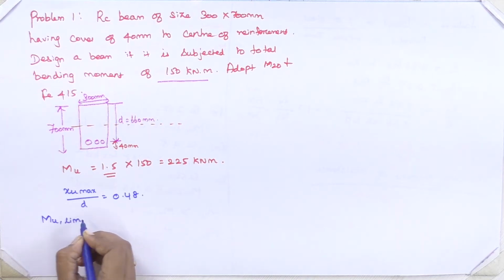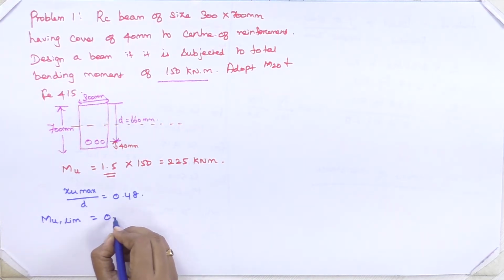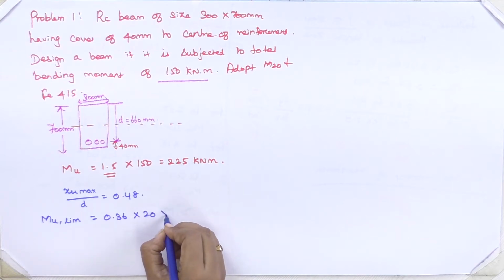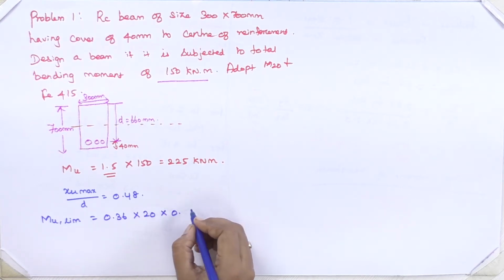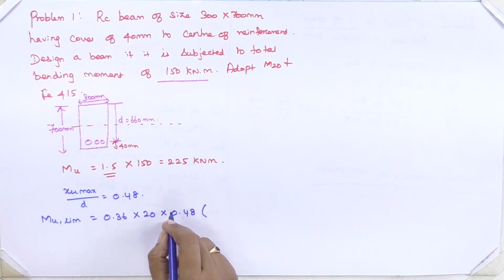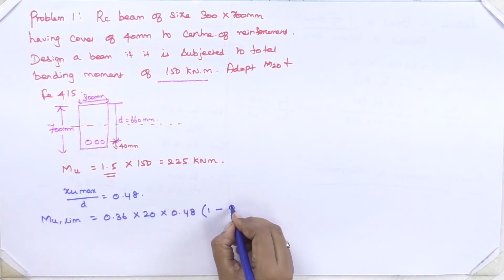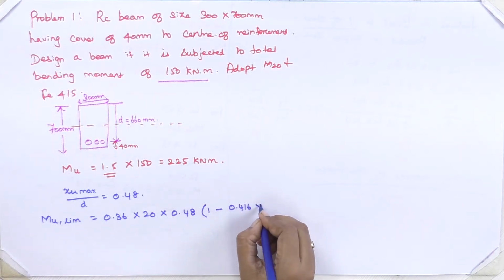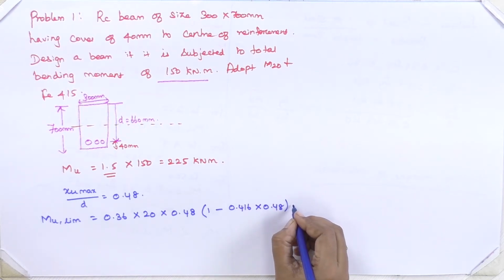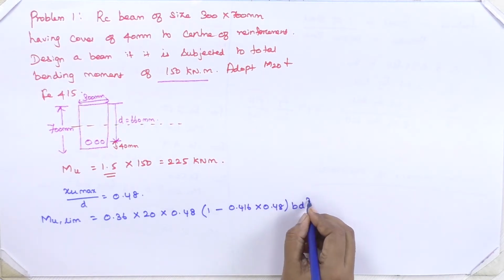Mu limit is equal to 0.36 fck, that is 20, into 0.48 into Xu max by D, into 1 minus 0.416 into Xu max by D value, into b into D square.